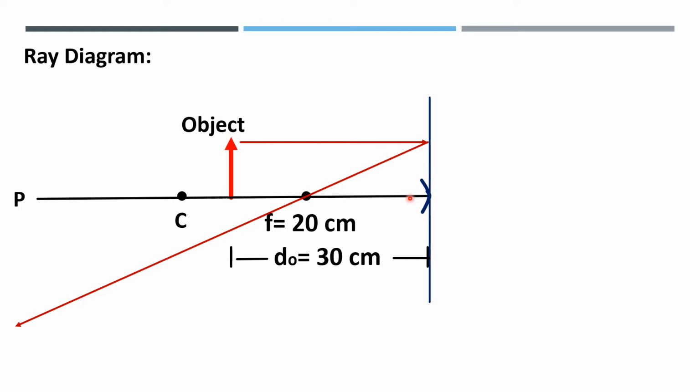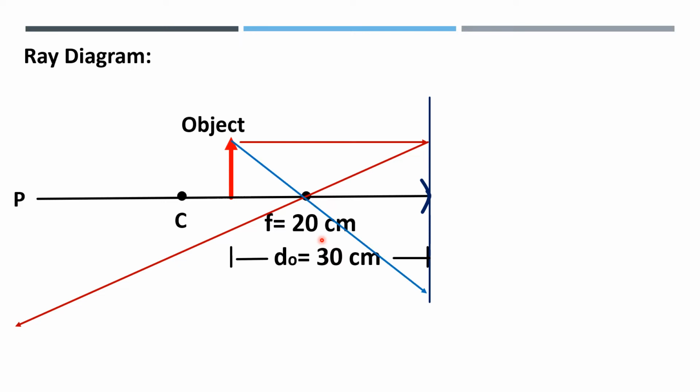Now, let's have another ray coming from the tip of the arrow. This time we will choose the one that passes through the focus, right? So, another rule in ray tracing diagram: when an incident ray coming from the object passes through the focus, it's going to be reflected by the concave mirror such that the reflected ray will just be parallel to the principal axis.